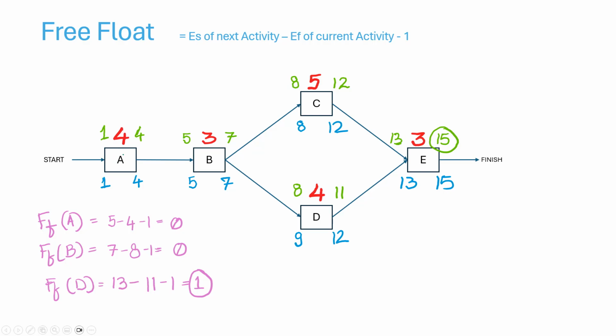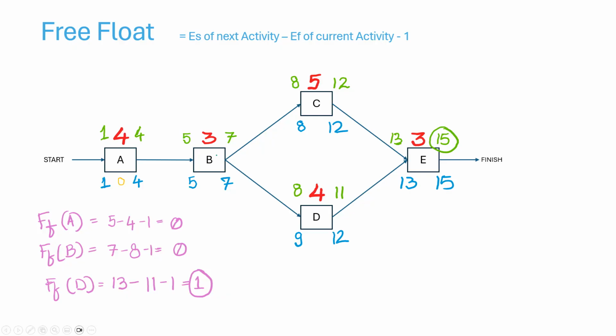For task A, the free float would be the early start of the next activity, that is for B, that is 5, minus the early finish of current activity, that is 4, 5 minus 4, minus 1. So 5 minus 4 minus 1 is 0. So the free float for task A is 0.